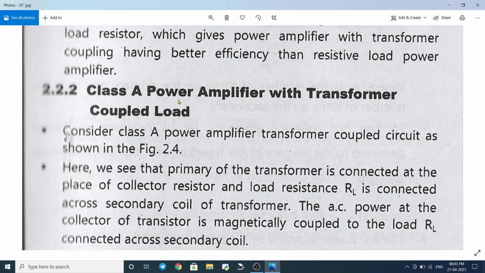Only the coupling of load has been changed to increase the efficiency of the same circuit, class A power amplifier. Now instead of a direct coupling, here we use the transformer coupling, transformer coupled load.